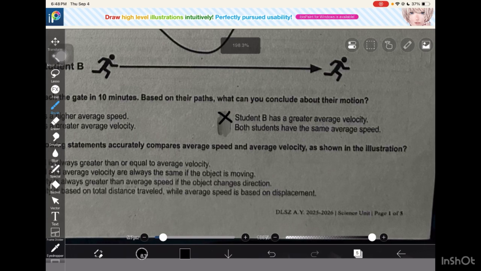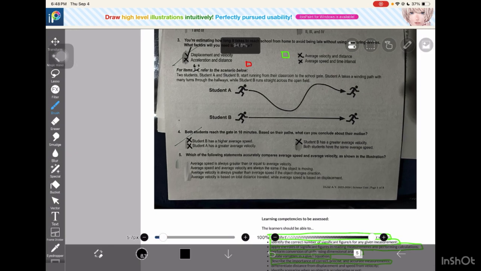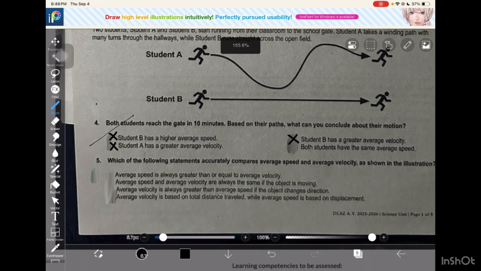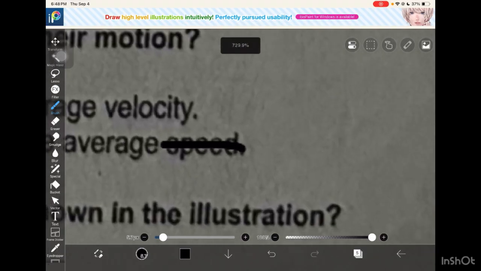And then we have the last one. Both students have the same average speed. Hold on. Okay, I'm not so sure about this, but I just realized this. I think this is meant to say velocity.